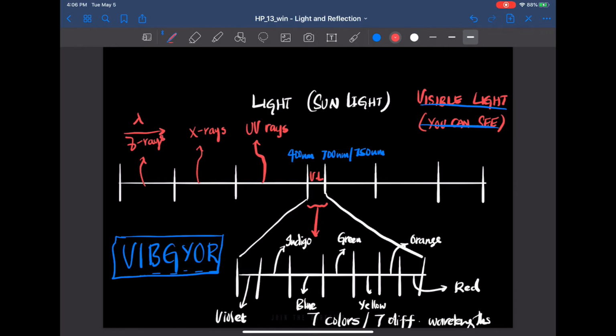And after visible light, you get the infrared spectrum. After the infrared spectrum, you get microwaves. After microwaves, you get radio waves. So this is the entirety of the spectrum of light.